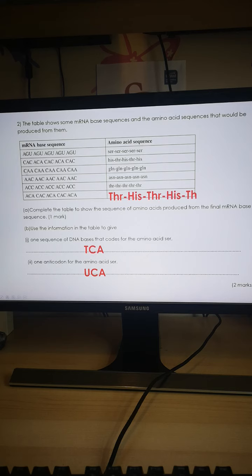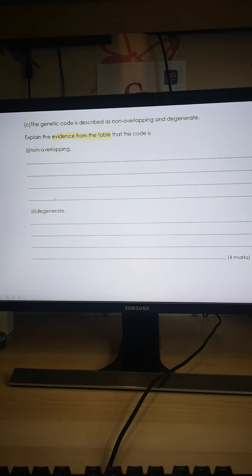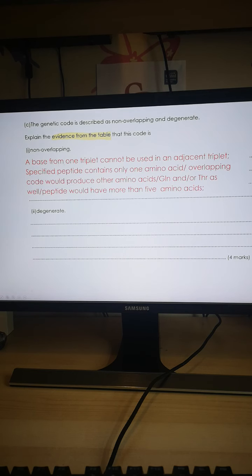If this one was read in an overlapping way, not only would you have CAA, then you'd have AAC, and we know AAC codes for ASP. So because you haven't got that ASP in the amino acid sequence, that's evidence that it's only read in a non-overlapping way, where one base is only ever read within one codon or one triplet.